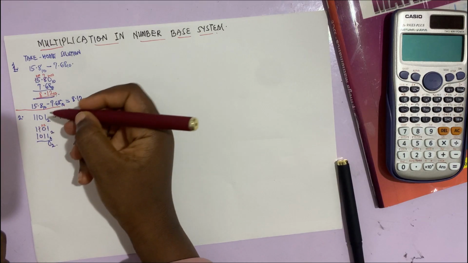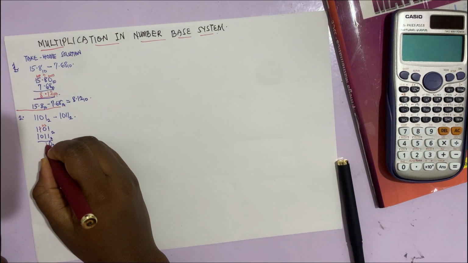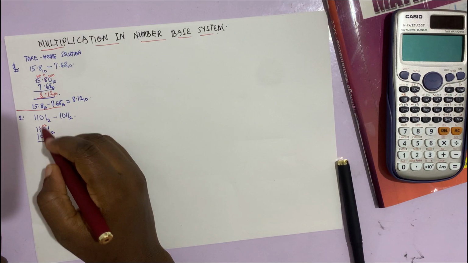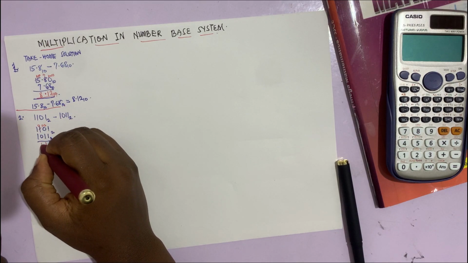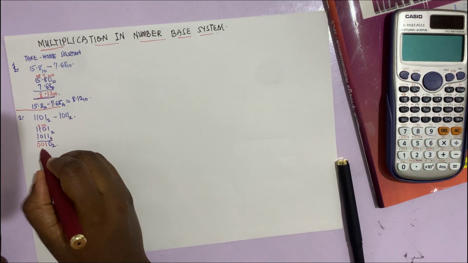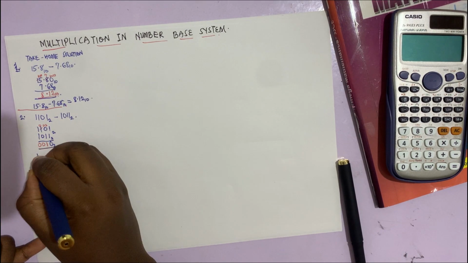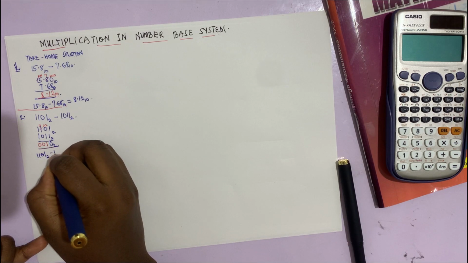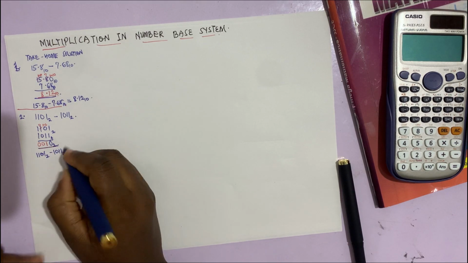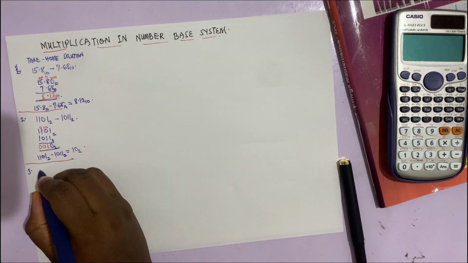So 2 plus 0, 2. 2 minus 1, 1. So 0 minus 0, 0. 1 minus 1, 0. 1101 base 2 minus 1011 base 2 would give us 10 base 2.